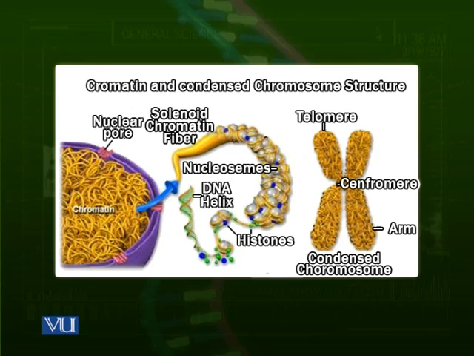But when the cell is dividing, this chromatin material is present in a condensed form. You can see on the extreme right the structures called chromosomes, which are actually a highly condensed form of these molecules. We call them chromosomes.